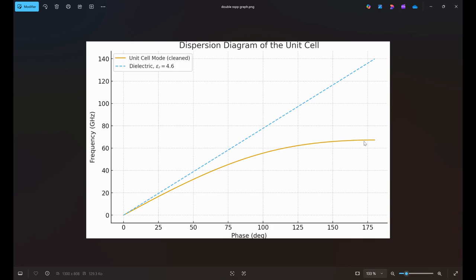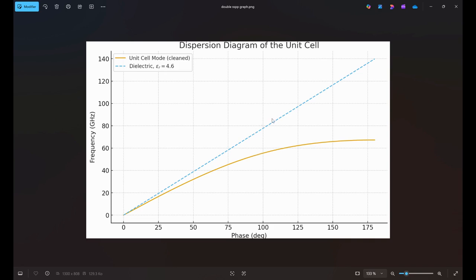What this dispersion diagram also tells us is that, compared to the dielectric light line at a relative permittivity of 4.6, which is represented by this line here, the effective permittivity of the SSPP mode is much higher than the dielectric light line.